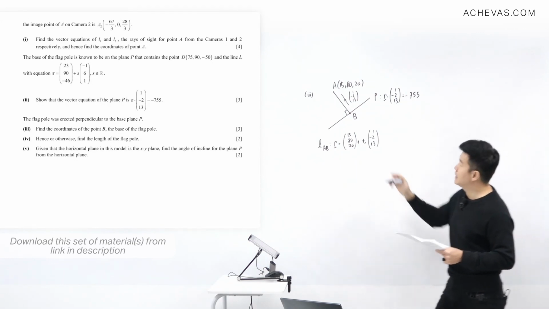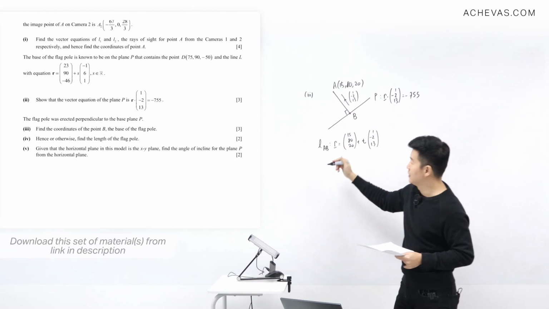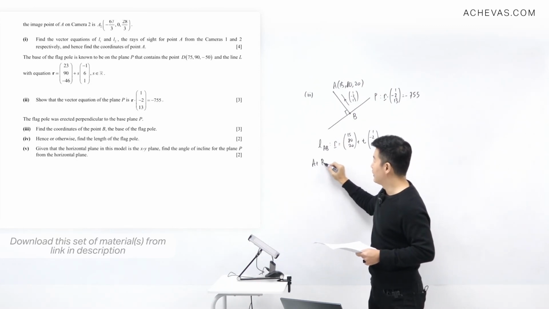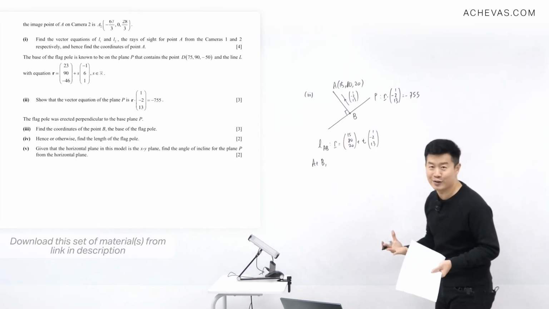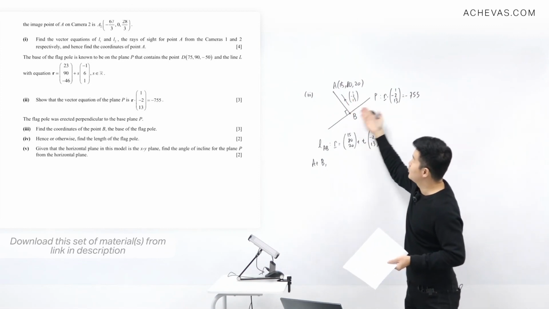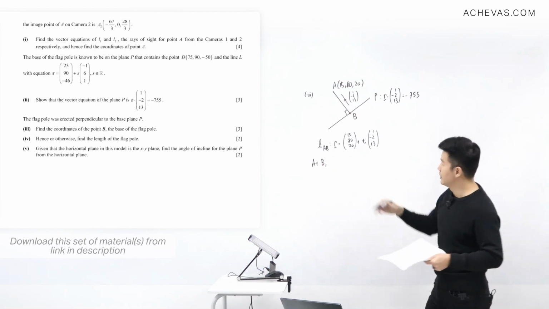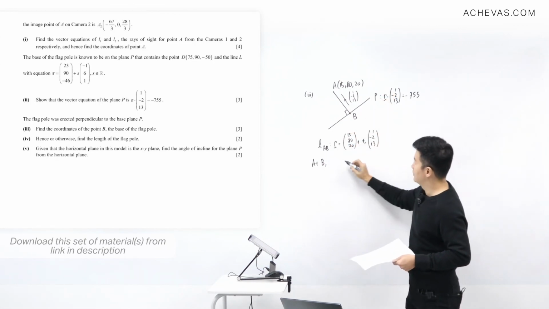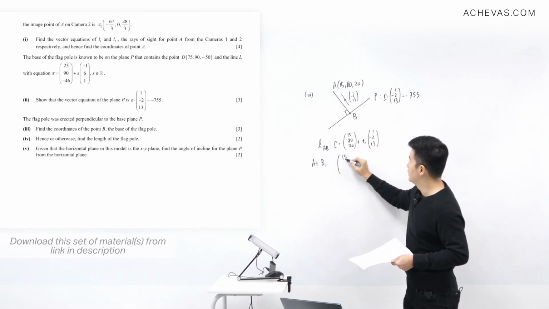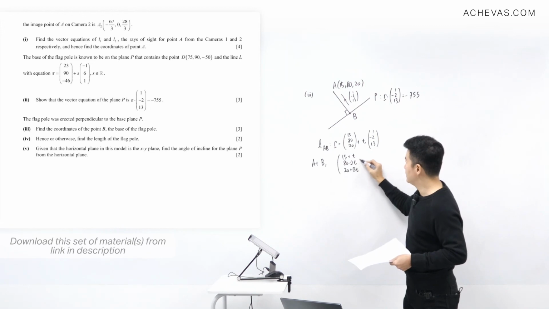And at point B, that is when this line intersects the plane. Which means I'm going to try to solve a simultaneous equation again, because it is the intersection between the geometry, which means that the r and the r will coincide. So let me substitute this r into here. So this r is 15 plus t, 80 minus 2t, and 20 plus 13t.